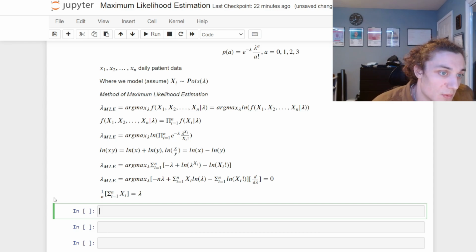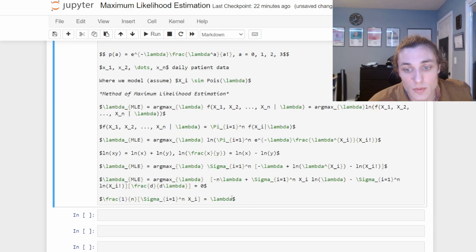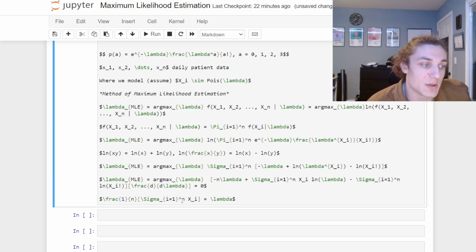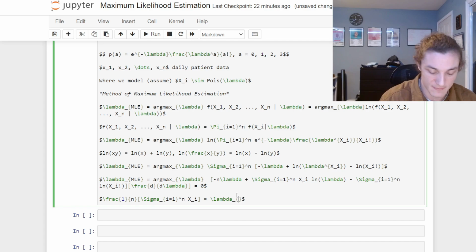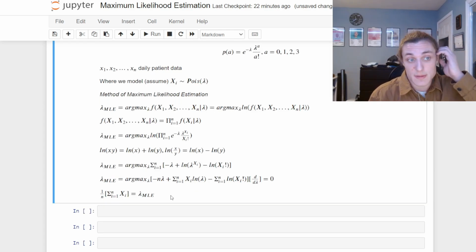And if you have ever taken statistics or can decipher what this formula is, you will note that that is just the sample average, right? That is the estimator for the population mean. So it turns out that the MLE for lambda, the maximum likelihood estimator here, is just going to be the sample average.